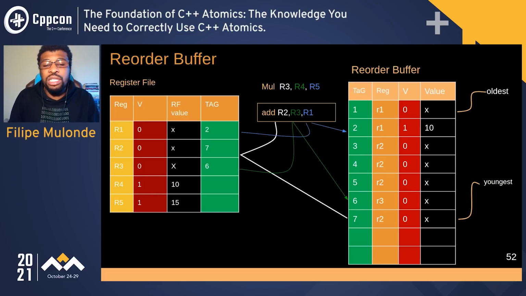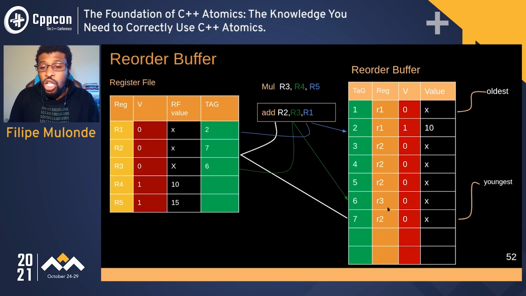First, we go after register number 3. We go into the register file, and we see that the valid bit of register number 3 is 0. It means that the value is not in the register file. We need to go to the reorder buffer in order to take the value. So we take the tag, and we use that to access the reorder buffer.